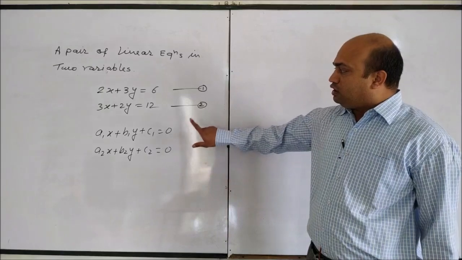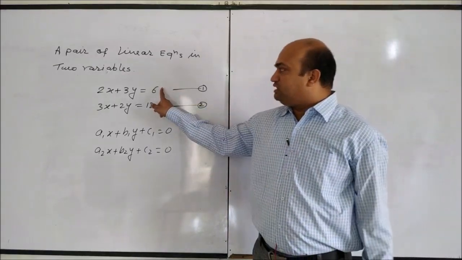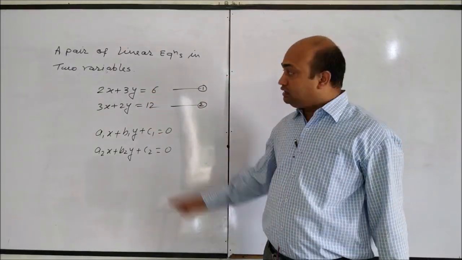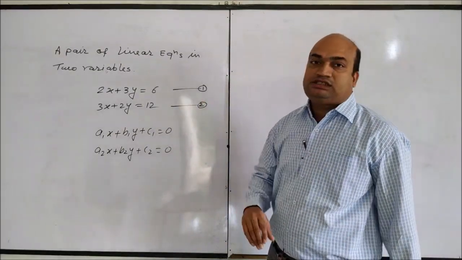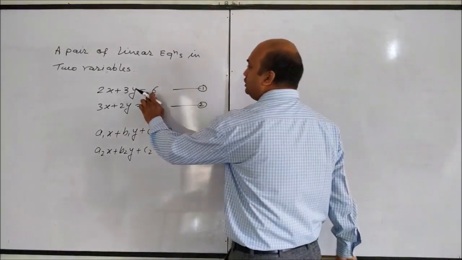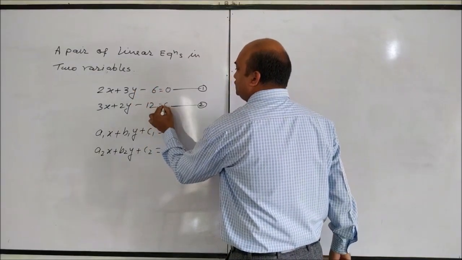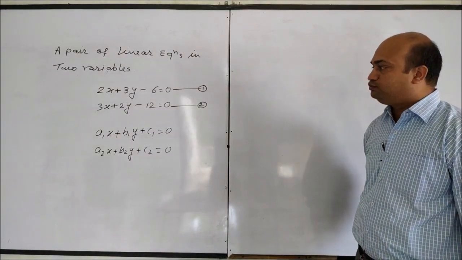These are not in the general form because this 6 and this 12 are on the right hand side. First of all, we shift them to the left hand side like this. On the right hand side there must be only 0.